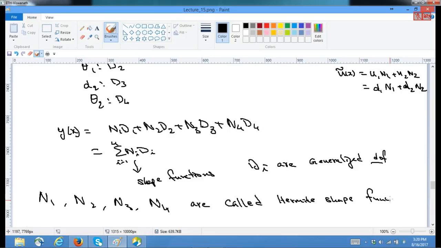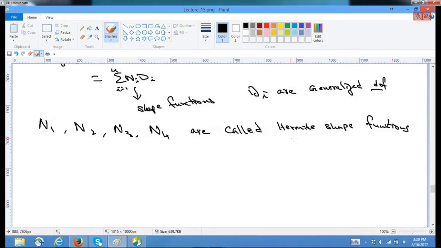For a bar element, these are not Hermite; this is for the beam.